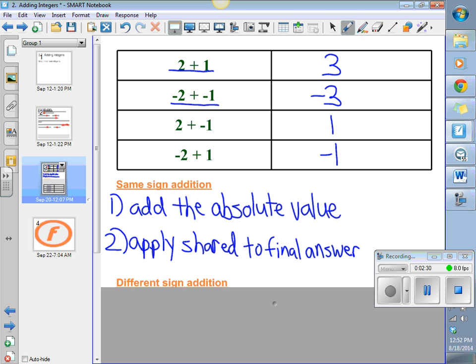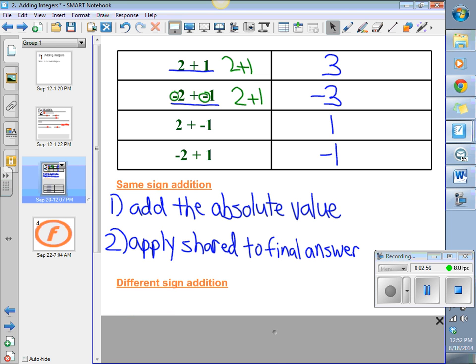So 2 plus 1: the absolute values are 2 plus 1 equals 3. They're both positive, so the answer stays positive 3. Negative 2 plus negative 1: the absolute values are 2 and 1, added together to get 3. We have that shared negative sign, which applies to the final answer.